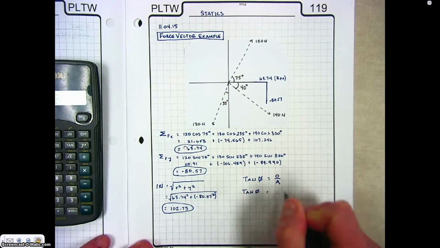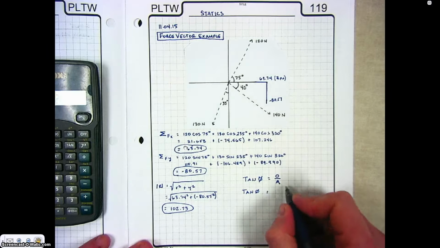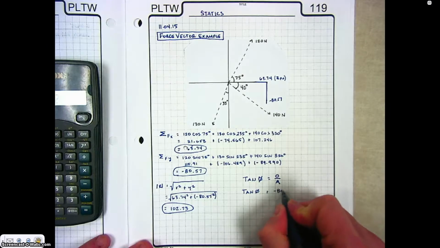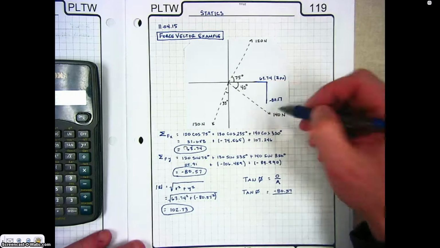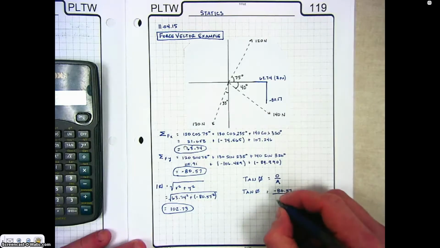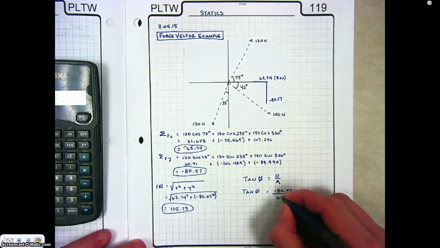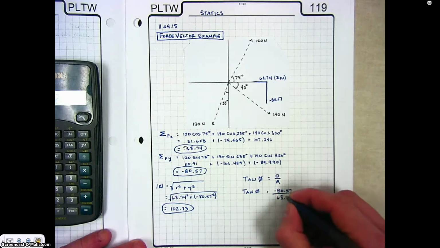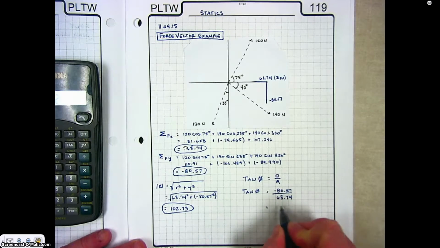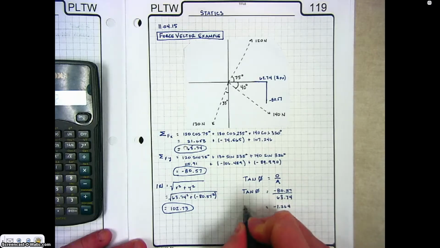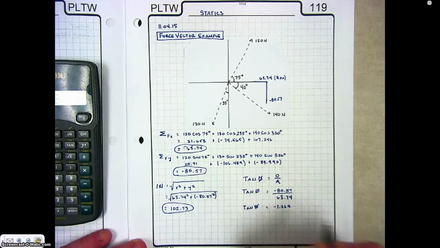So the tangent of theta is equal to the opposite, in this case negative 80.57, over the adjacent side of the right triangle, 63.74. I'll divide those two numbers and I get negative 1.264. That equals the tangent of theta.